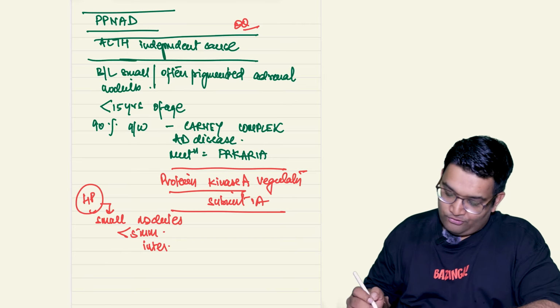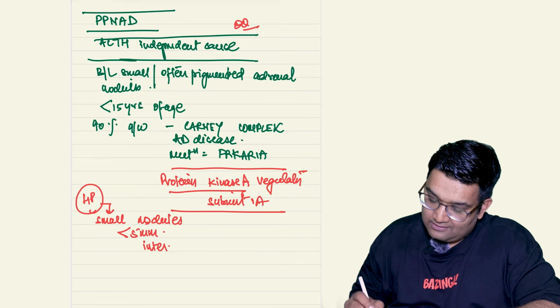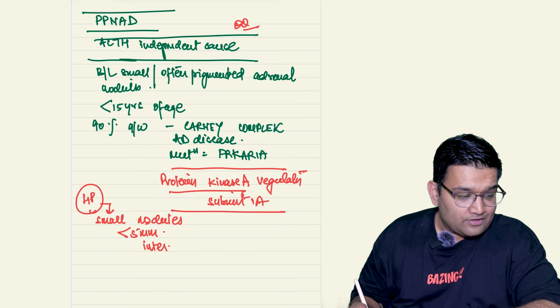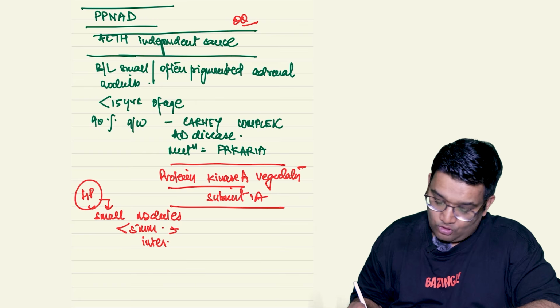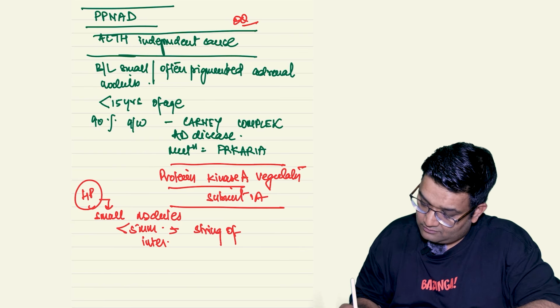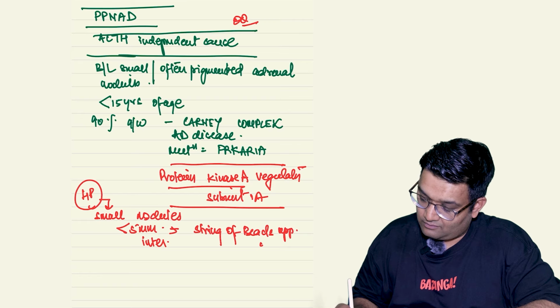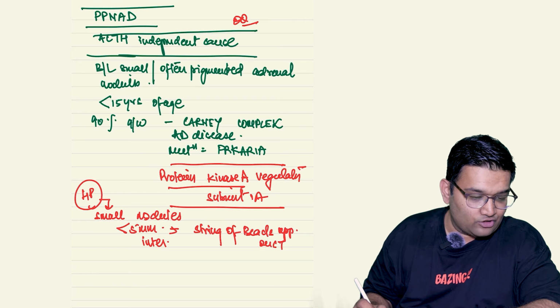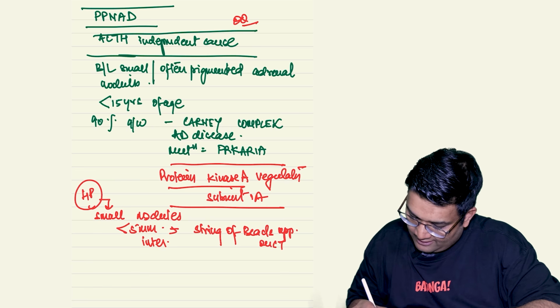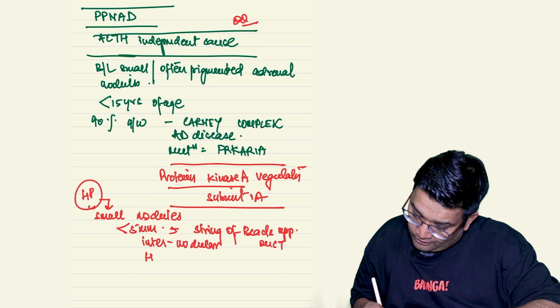So what we are going to have is less than 5 mm of nodules that are going to be having our string of beads appearance on CT. While on histopathology, they are going to have internodular hypertrophy.